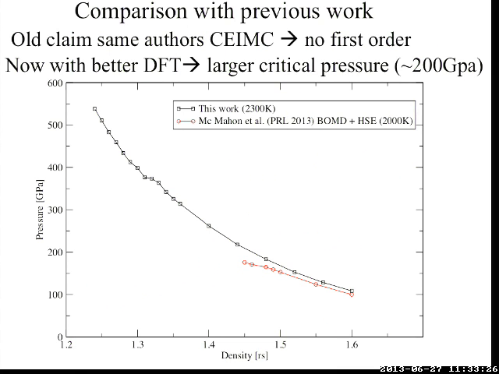I want to show the comparison with previous work. I would say it's rather confusing. This has usually been done by the same group, Pierleoni and co-authors. The first claim was that there was no first order transition, like us, we don't see it because of the huge pressure.